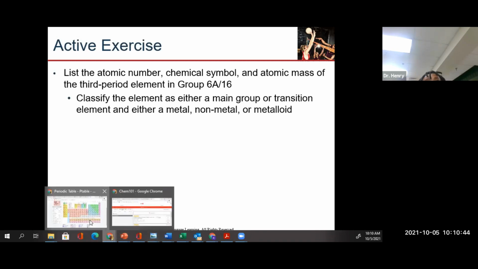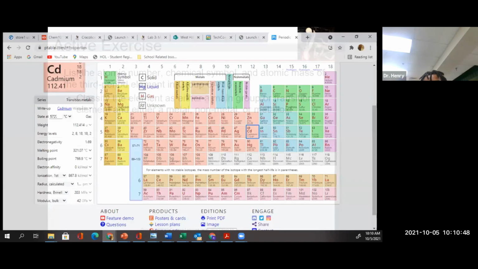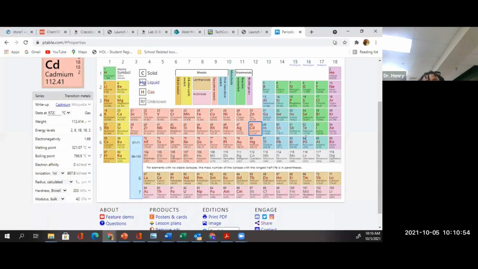We're looking at group 16. So here's group 16 right here. And then it's at the third period. This is the third period. So we go over to group 16, and that is what element?